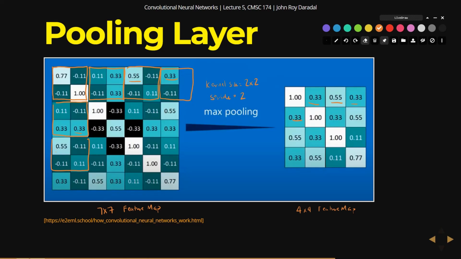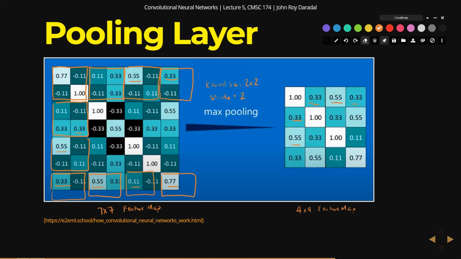So same thing, 0.55 right here, and then on the last row, this will only have a 1x2 because it can't fit the 2x2 window anymore, right? But basically you're picking 0.33, 0.55. This window it's 0.11, and then on this window right here, well, it's only 1, so it's 0.77, right?